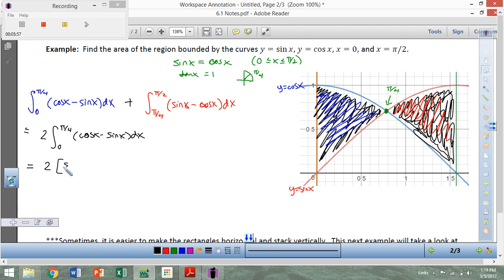So the antiderivative of cosine would be sine, and the antiderivative of negative sine is going to be positive cosine, because the derivative of cosine is negative sine. And so I then evaluate this from 0 to pi over 4, and I'm going to multiply my answer by 2. So it's going to give me 2 times the sine of pi over 4 plus the cosine of pi over 4 minus the sine of 0 plus the cosine of 0.